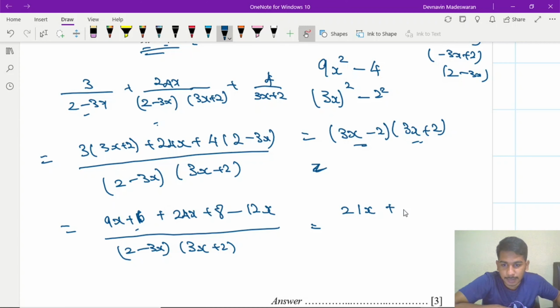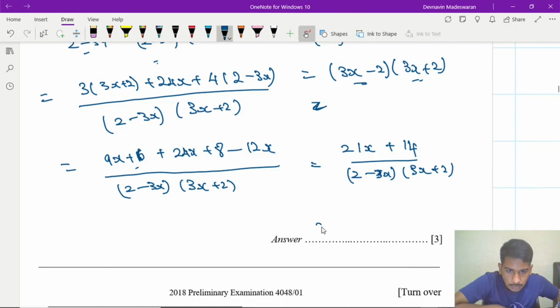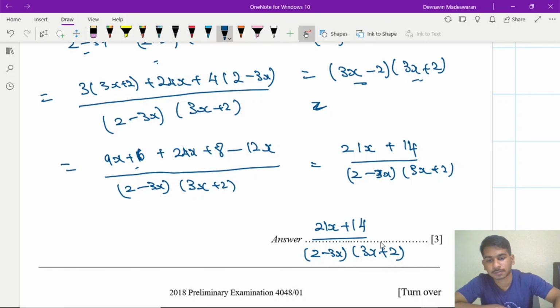And then 8 plus 6 is 14, over 2 minus 3x, and then 3x plus 2. And then we're done: 21x plus 14 over (2 minus 3x)(3x plus 2). Done. Good job, guys.